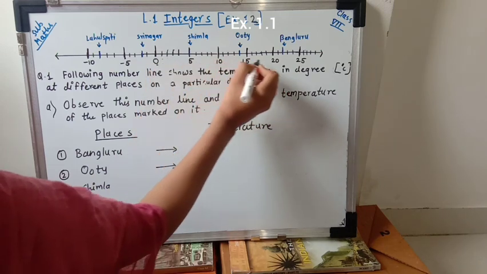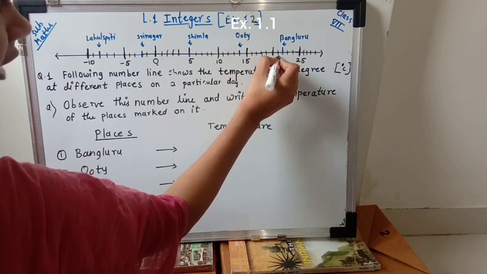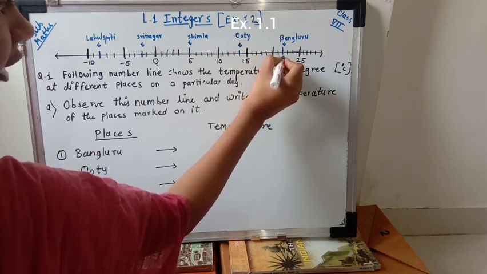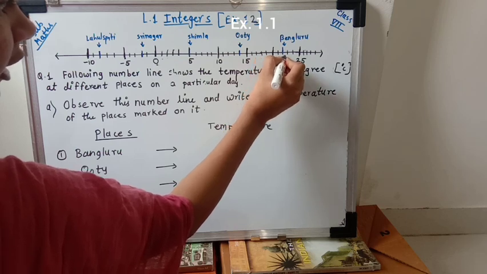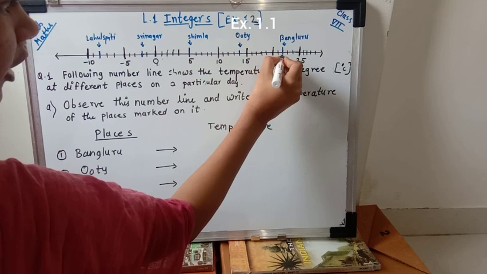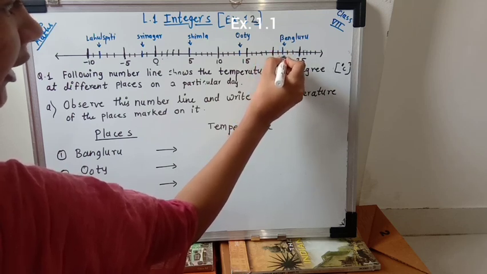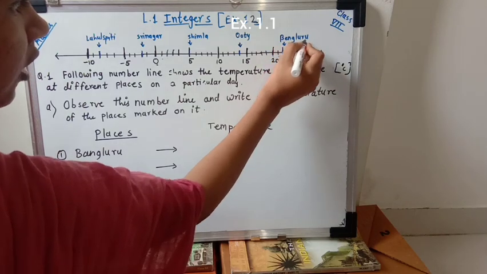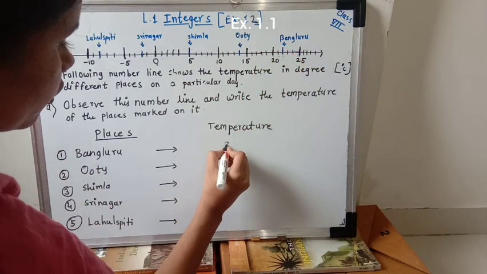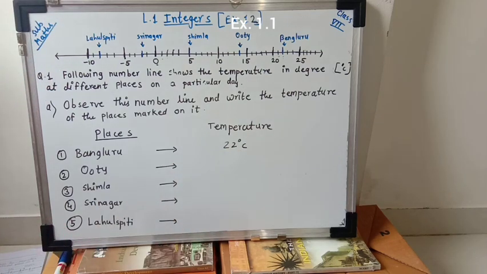Here 20 is marked, so after 20 the numbers should start with 21, 22. After 20 there are 2 lines, and each line is 1 degree. So 20 plus 2 is equal to 22. So the temperature of Bengaluru is 22 degrees Celsius.